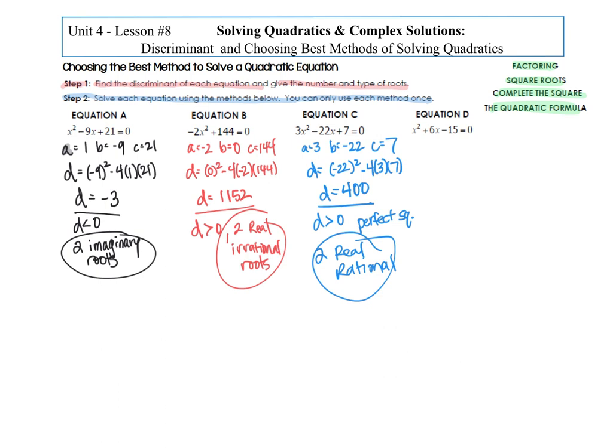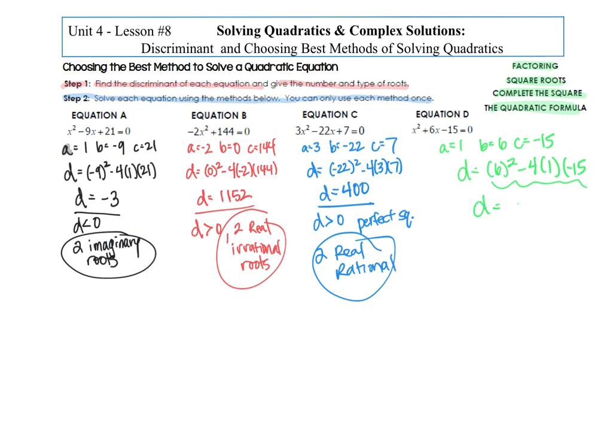Okay, equation D, the last one. Our A value is 1, our B value is 6, and our C value is negative 15. The discriminant is B squared minus 4AC, so we have 6 squared minus 4 times 1 times negative 15. Plug it all into your calculator if you're following along.